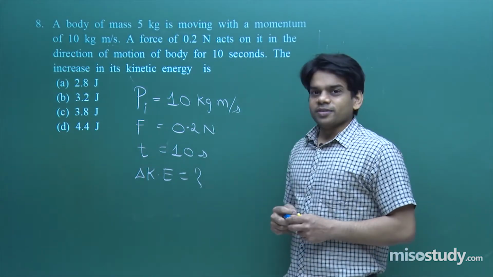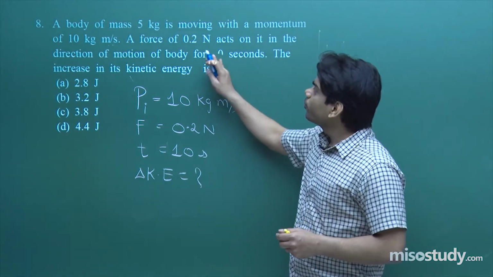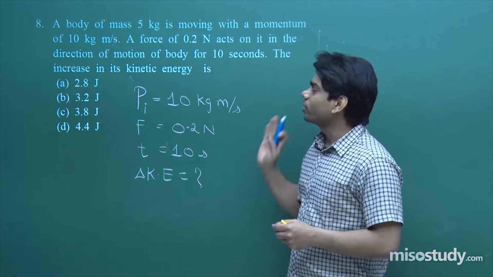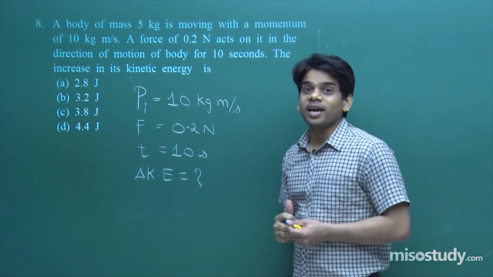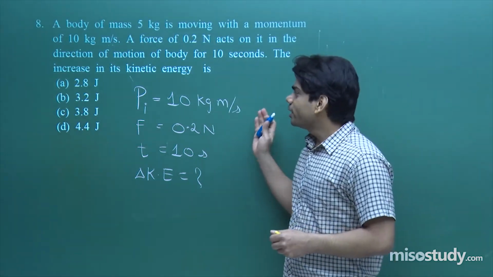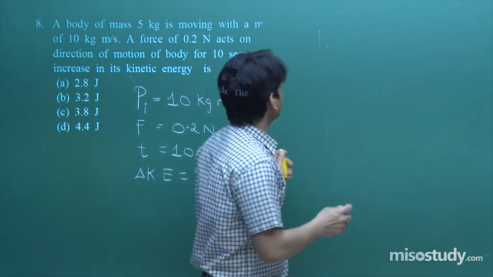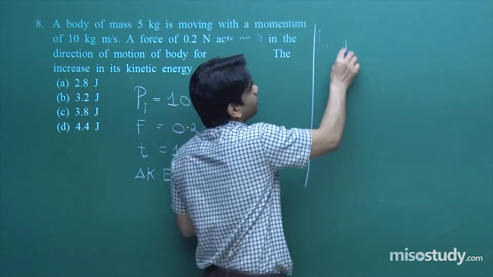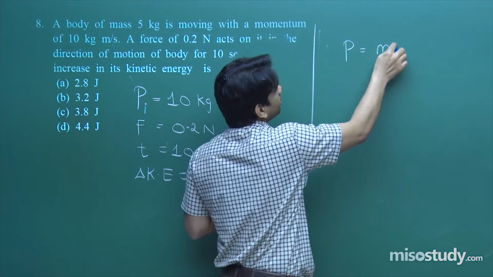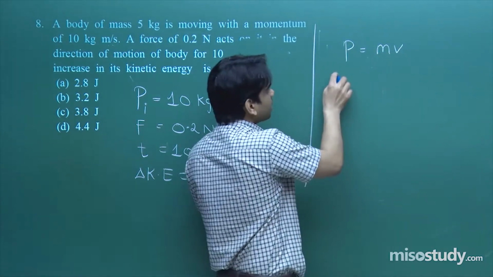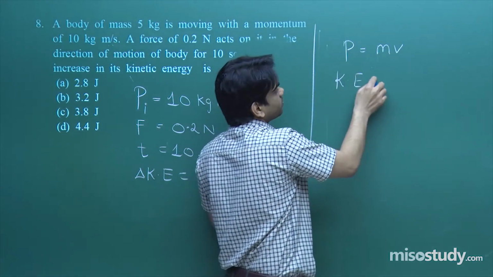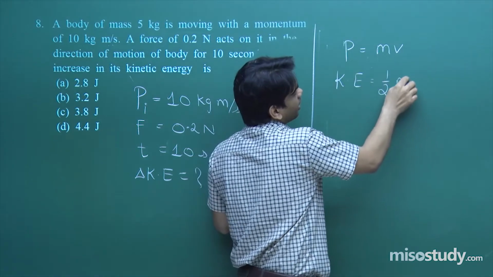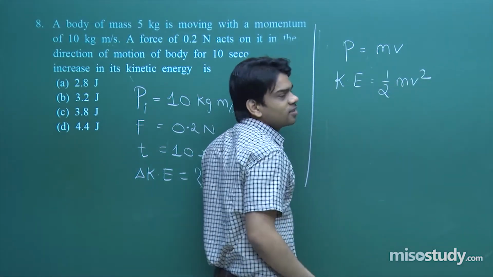Initial momentum is given. Force is given. A force of 0.2 Newton acts on the body for 10 seconds. Now what can we make out from this? Momentum is given. Let me tell you how momentum is evaluated. Momentum is equal to mass into velocity. Kinetic energy is half mv square.